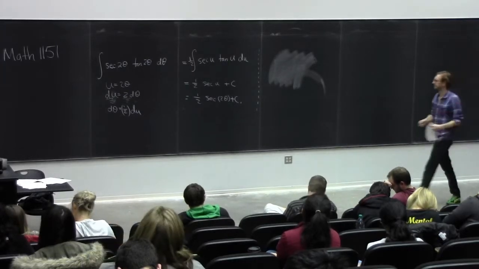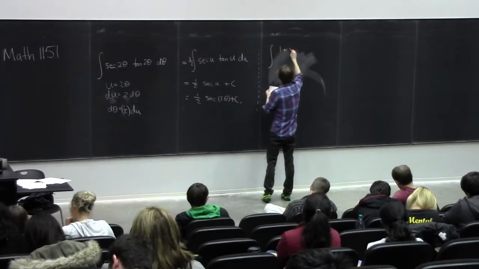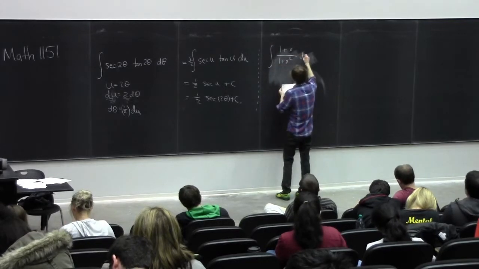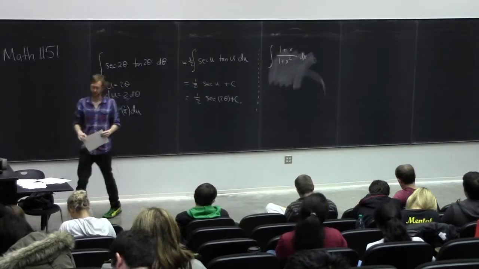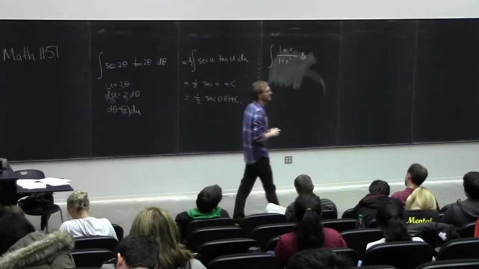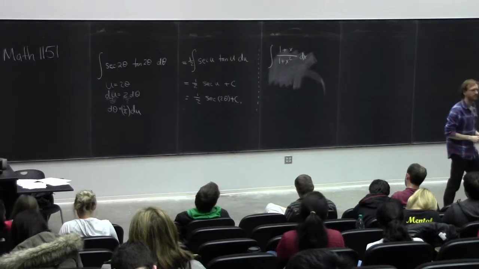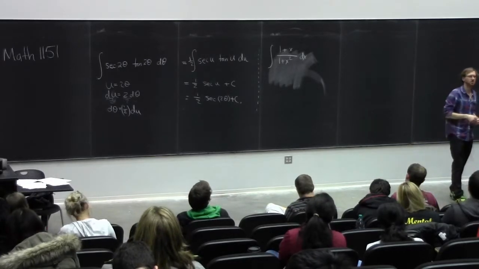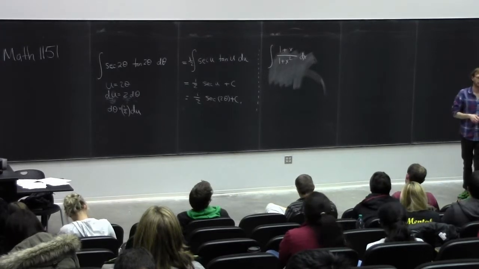All right. Here's an integral that looks hard. I don't think I did this one last time. This one's a trick question, because I would not use substitution to do this one off the bat.